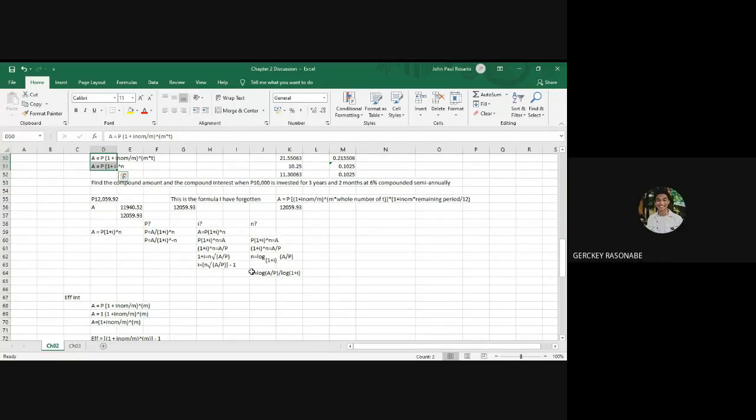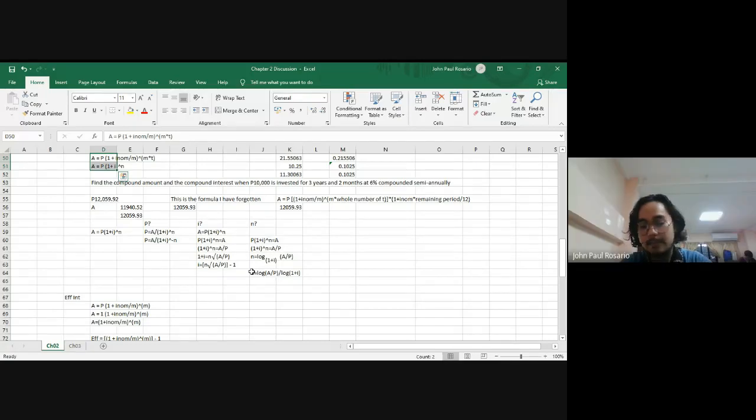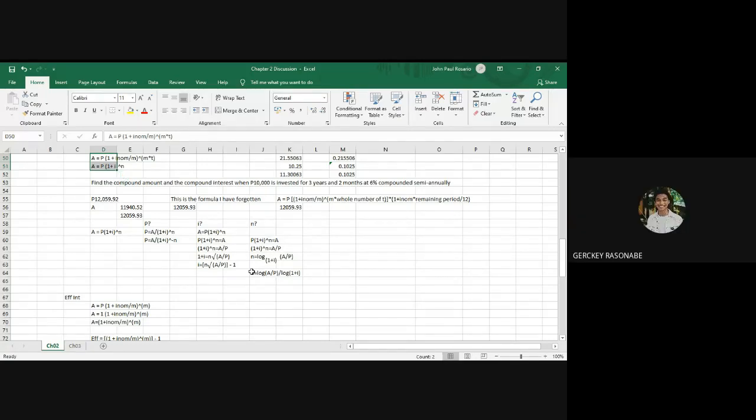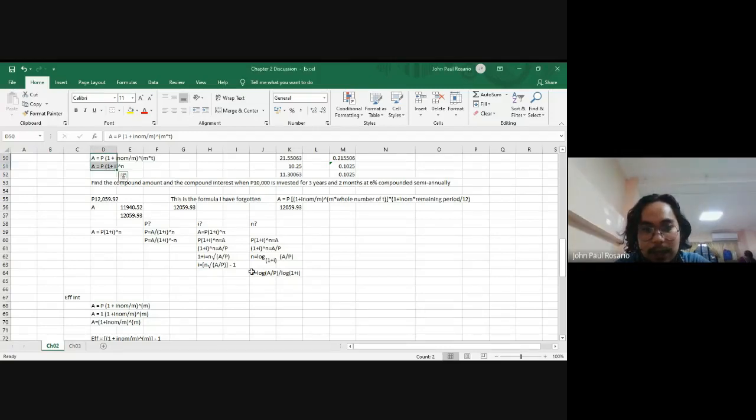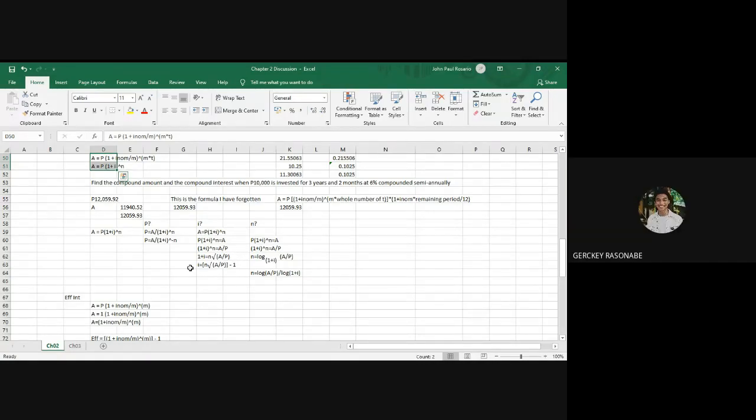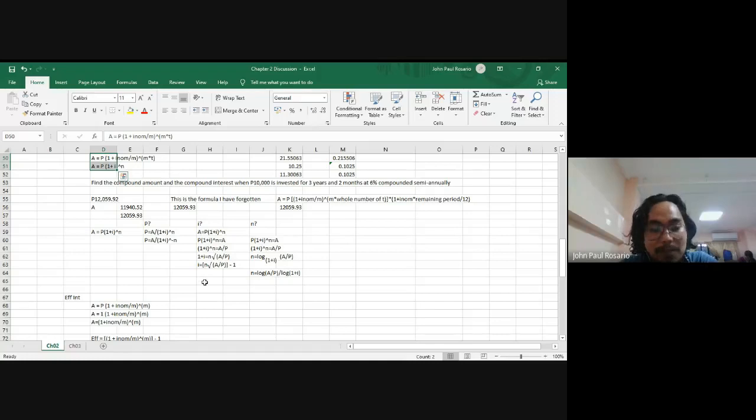J instances, sir, na hanapon sab si inom, sir, sa given na formula. For example, si I man atong gisolve diri which is your interest per compounding period. Pero usually ang ginapangutan is si inom. Now, remember that I is equal to inom over M, right?